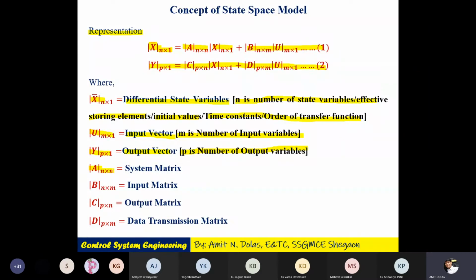A, which is n by n, is the system matrix, B is the input matrix, C is the output matrix, and D is nothing but the direct transmission matrix.